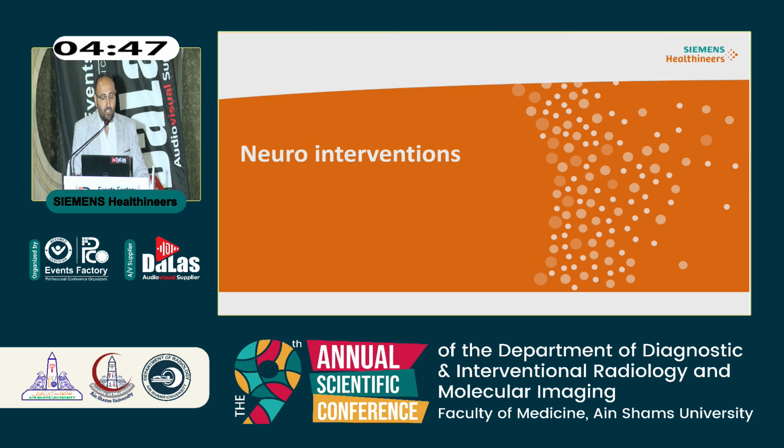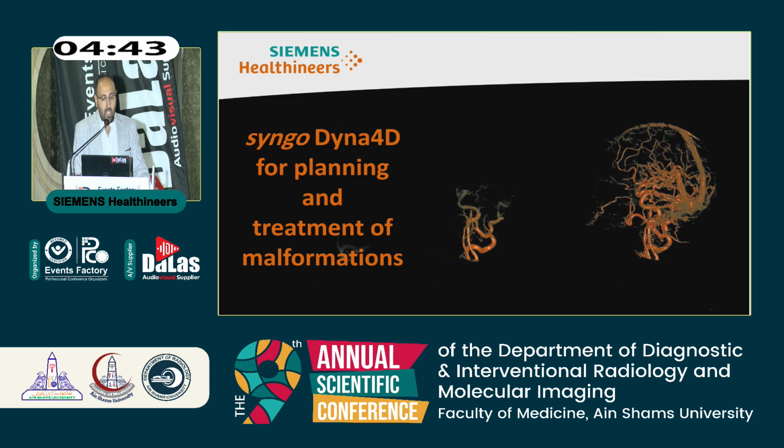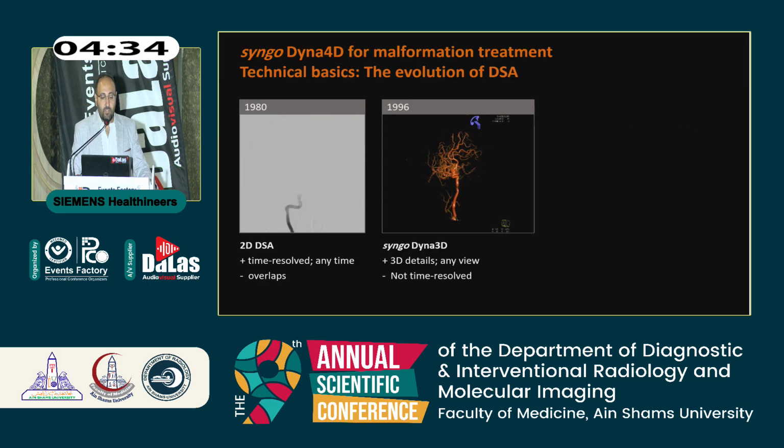In neurointervention, we have a wonderful tool for treating AVMs, and it's called Dyna4D. It's used for planning and treating AVMs. We already know that AVM treatment in neuroradiology has a lot of challenges, starting from the complexity of the anatomy to defining the perfect access to treat my AVM.